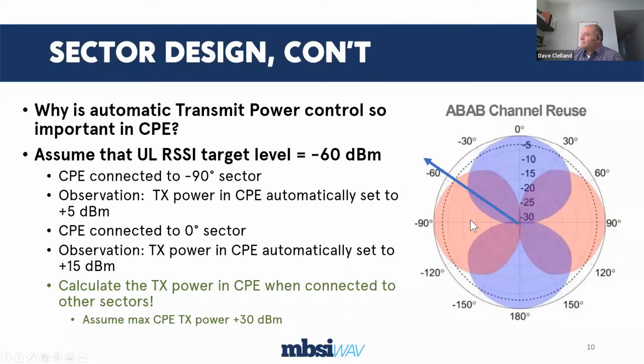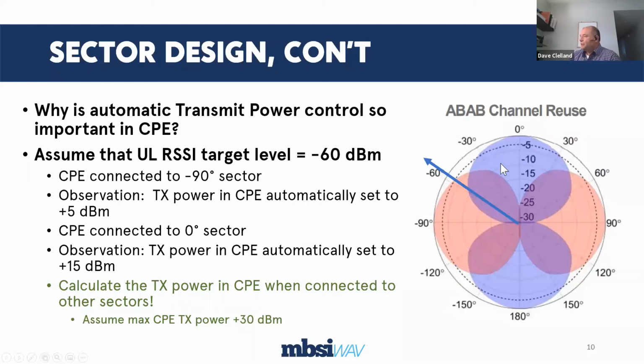So if I'm on the best serving sector, the transmit power from my CPEs is as low as it can be. So I'm generating the least amount of RF noise, and I'm causing the least amount of what's called adjacent channel interference to my sectors that are co-located on the tower.